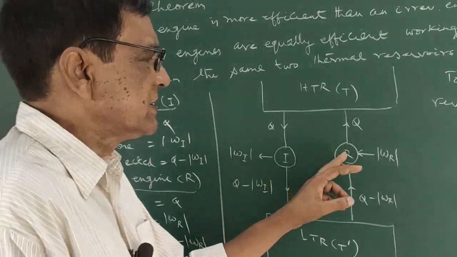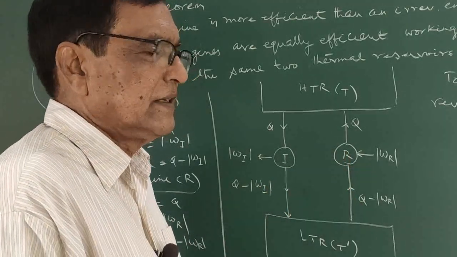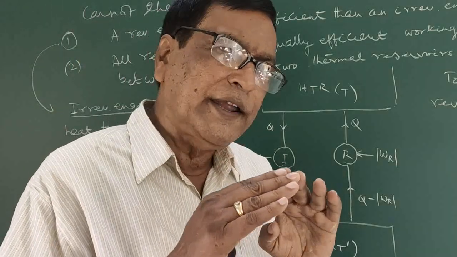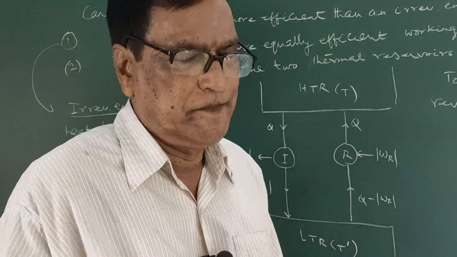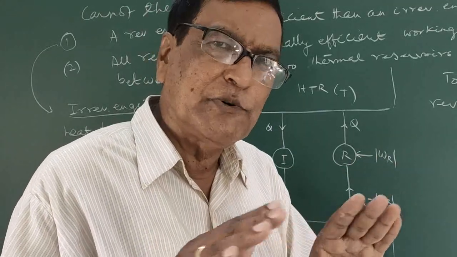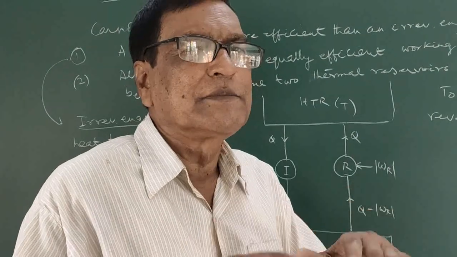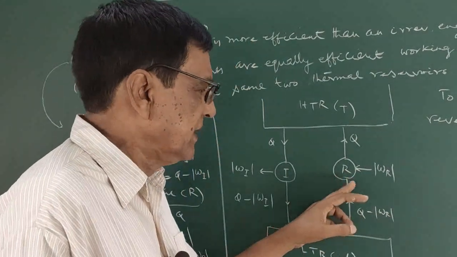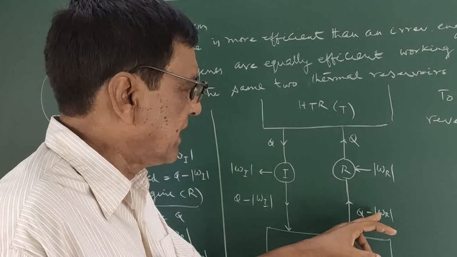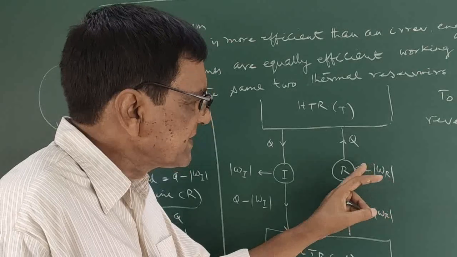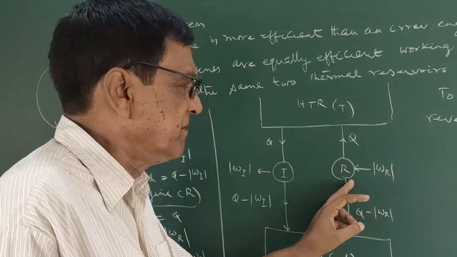And this reversible engine can also work in a reverse way. When the engine works in the reverse way, it becomes a refrigerator. So this refrigerator takes heat Q minus WR, and Q amount of heat is given to the HTR.